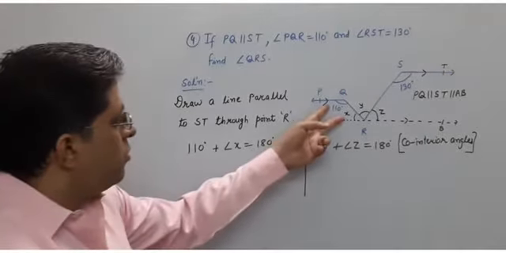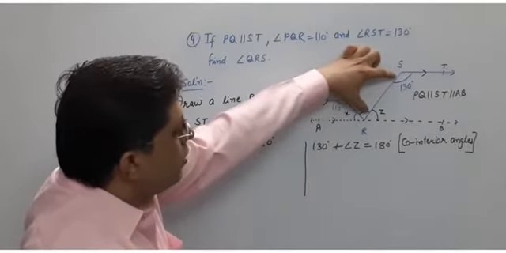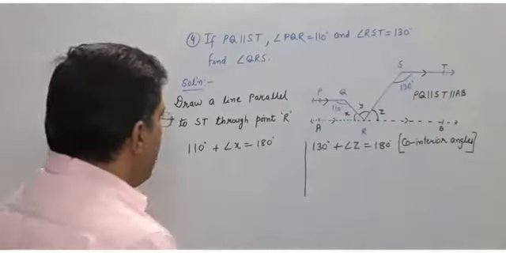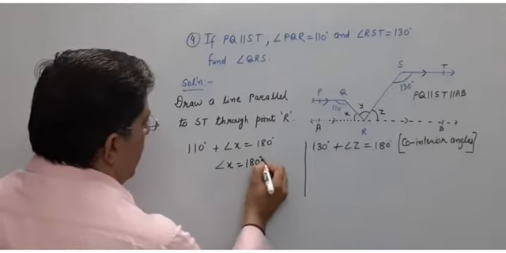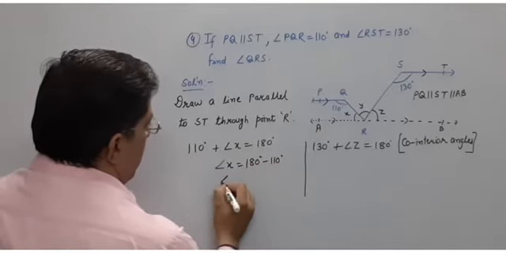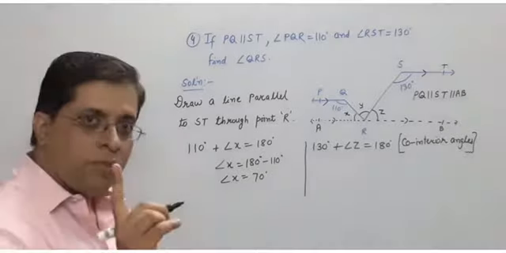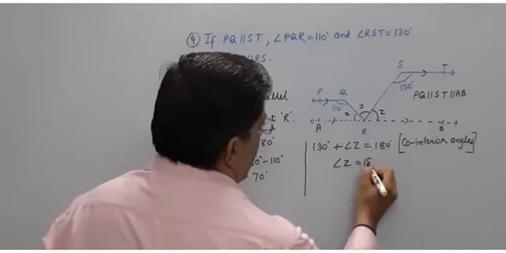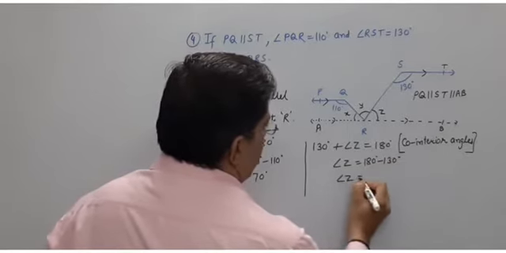Similarly, 130 degree plus angle Z is 180 degree. Then X will be 180 degree minus 110, which is 70 degree. Z will be 180 degree minus 130 degree, which is 50 degree.